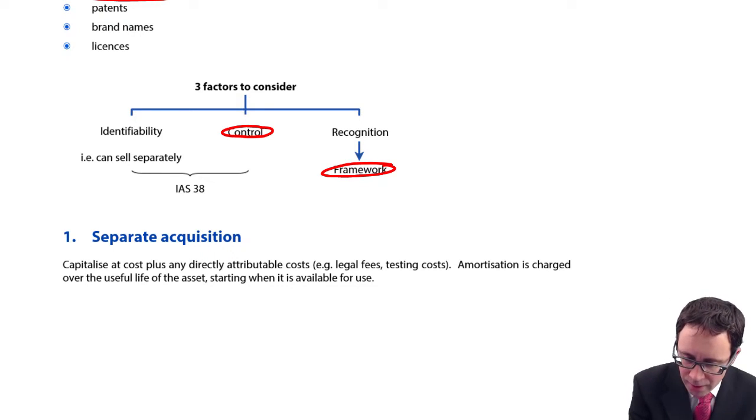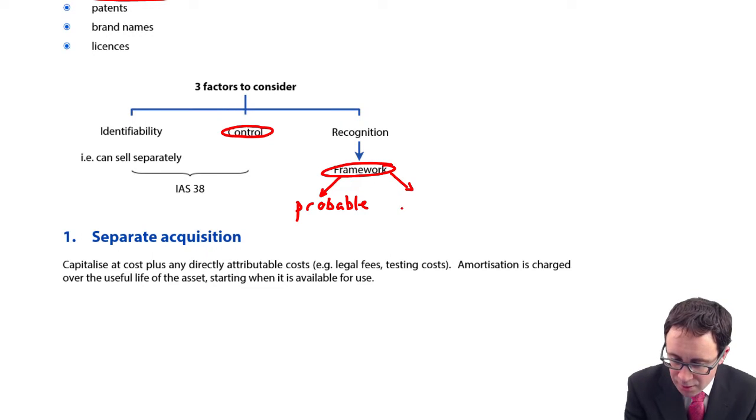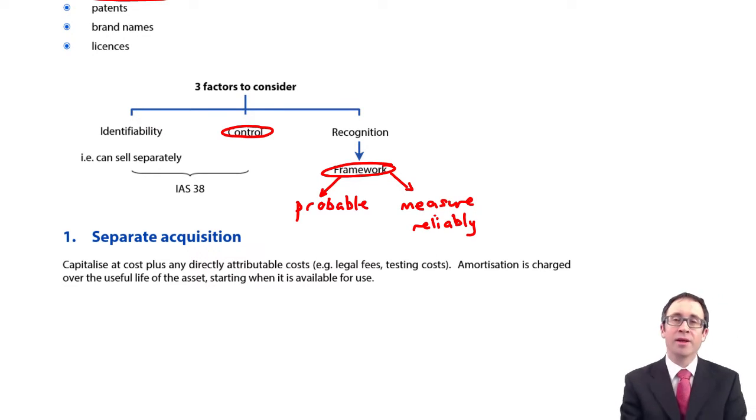Yep, brilliant. That's one. One is that there were probable future economic benefits. What was the other one? Yeah, brilliant. We can measure the cost of the asset reliably.